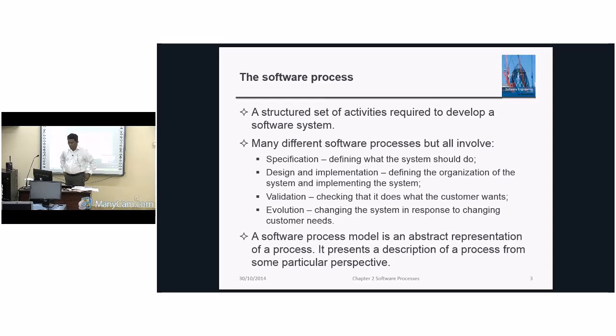There are many different software processes, but all involve specification, design and implementation, validation, evolution, and testing and maintenance.